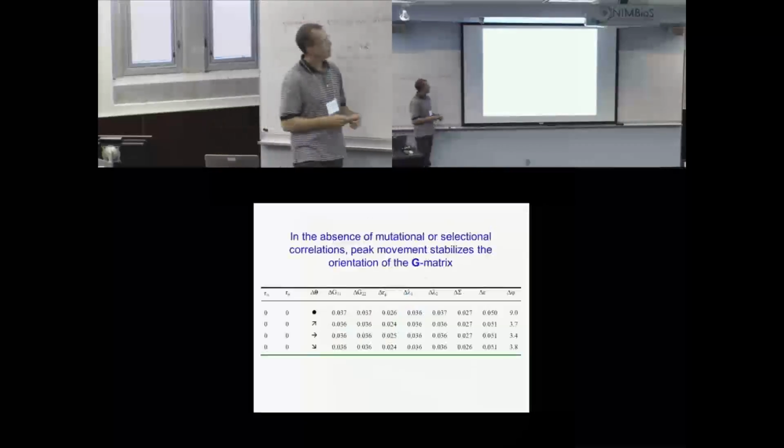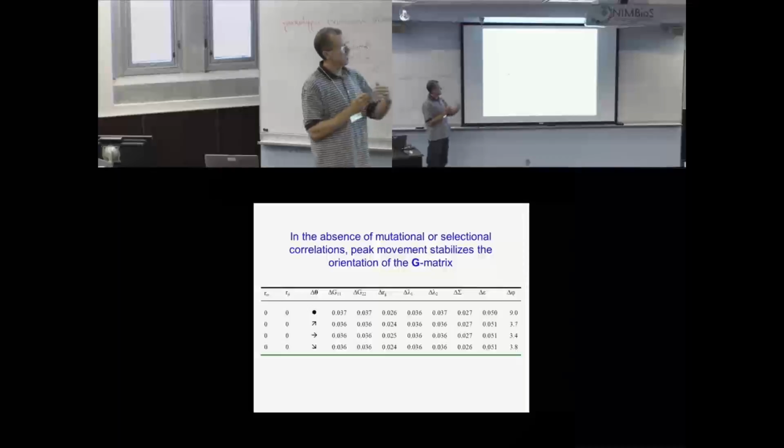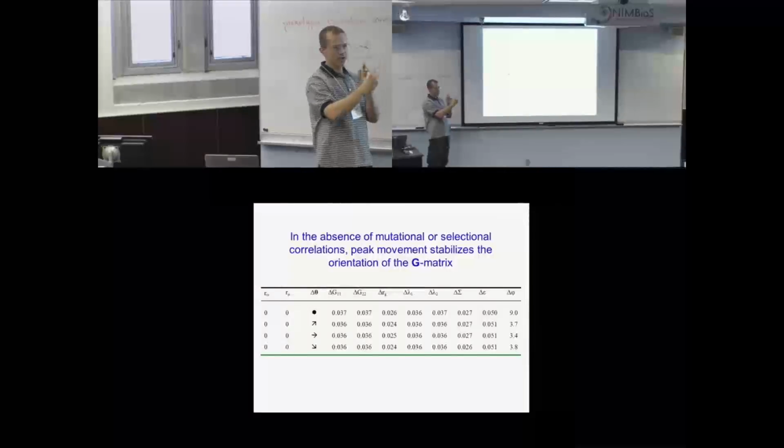All right, so what happens is, even without mutational or selectional correlations, peak movement by itself, the movement of the bivariate optimum, actually stabilizes the orientation of the G matrix. And it actually stretches out in the direction of peak movement, right?